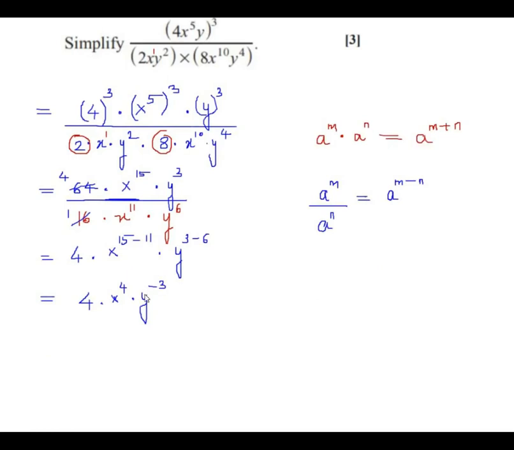So you can keep it this way, or if you want to have all positive powers, then you can just write it as 4x to the power of 4. Now y to the power of negative 3, we can just write it as 1 over y to the power of 3, making it a positive power. So this is the way we solve this question.